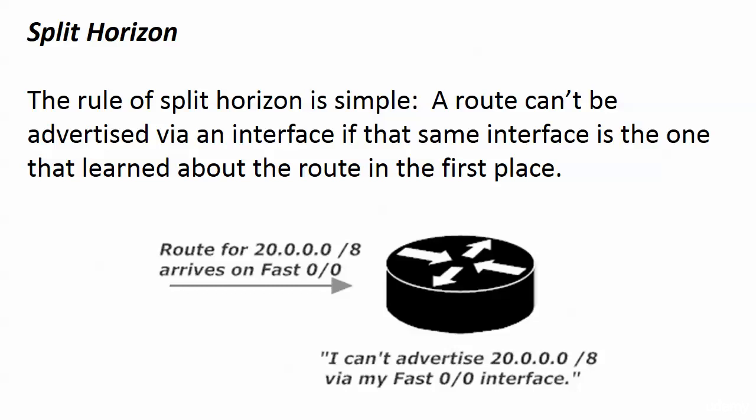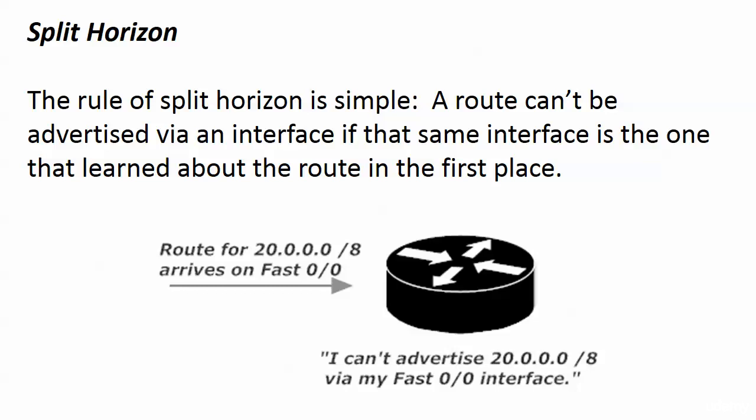Now, that's me being a little less fancy about it. If I was going to state the rule formally, I would say that a route cannot be advertised via an interface if that same interface is the one that learned about the route in the first place. So if this route we have on the board, 20.0.0.0/8, comes in on FastEthernet 0/0, it cannot be advertised back out that interface.